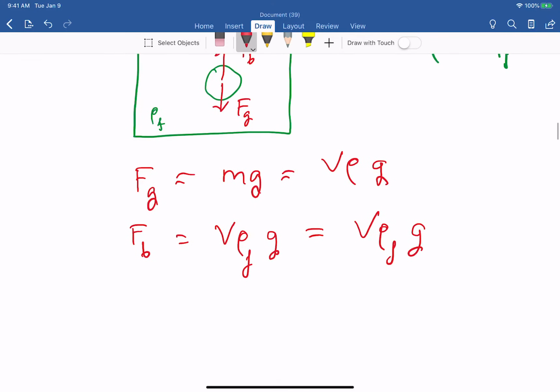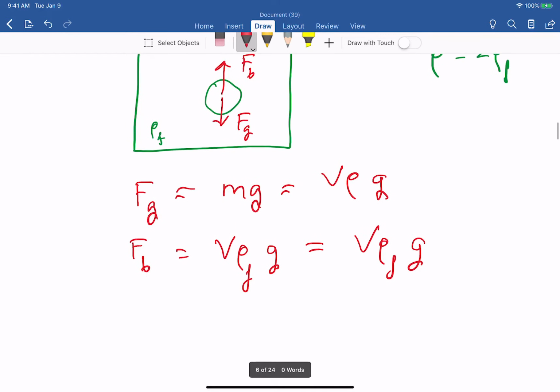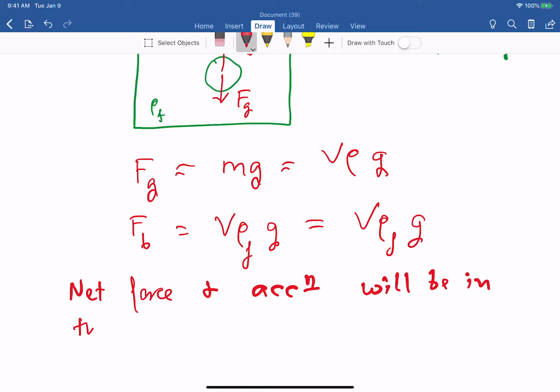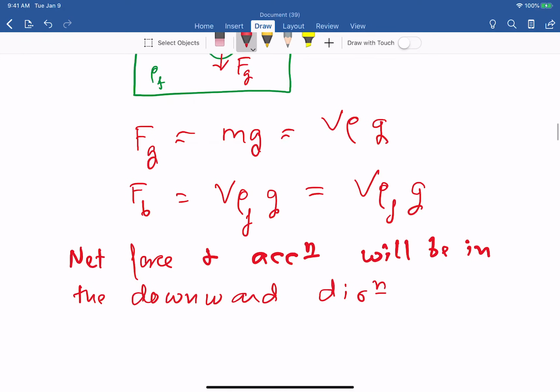So you can clearly see that F_g will be greater than F_b, right? And so the object will accelerate. So the net force will be in the downward direction. Net force and the acceleration will be in the downward direction. And so if you just let the object go, it will start sinking downwards. So this object will sink.